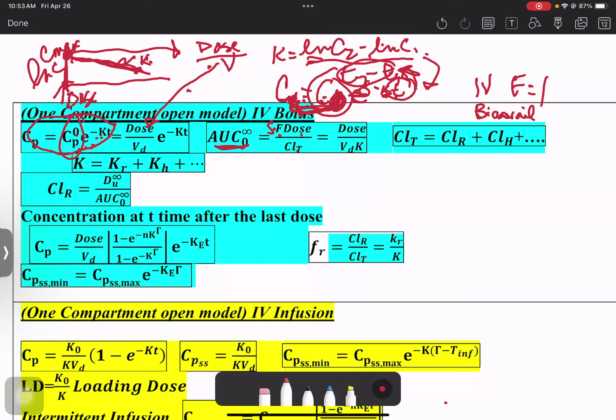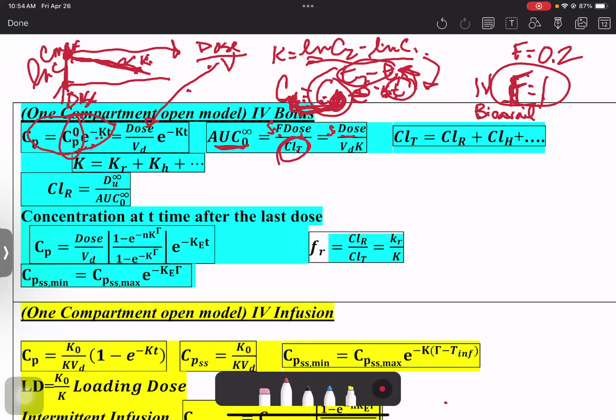And if we're giving a drug into the veins, we're giving it right into the systemic circulation. So all of it makes it no matter what. Now that same drug may have an F of 0.2 when given orally, right? So every drug's F is going to be 1 if given IV. So if it's given IV, you don't have to worry about the F. You'd still have to worry about the salt form if it was given as a salt form.